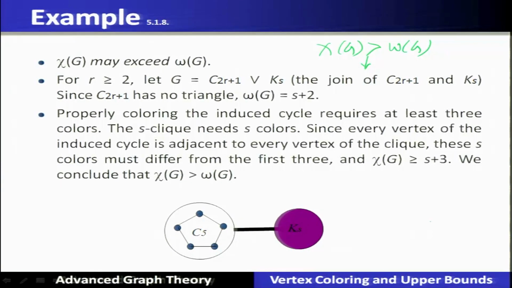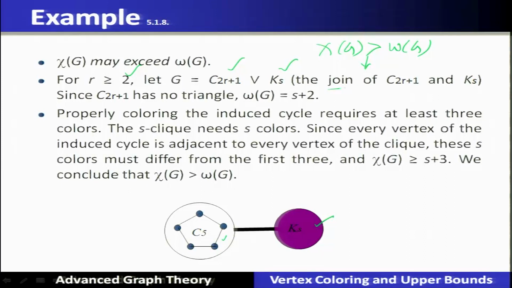Let us take values of r greater than or equal to 2. If we take r equal to 2, then C of 2r plus 1 becomes an odd cycle C5, and Ks is any complete graph, which is represented here.